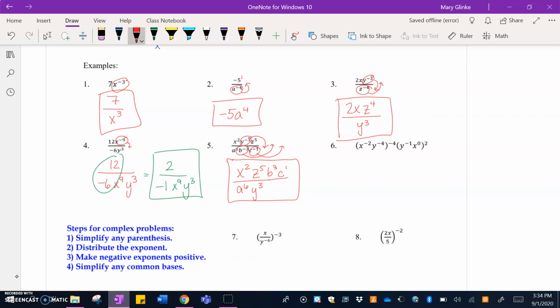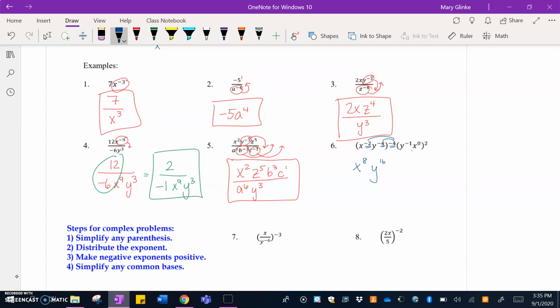So number 6 here is mixing together some of our rules. You're going to see some things kind of getting mixed together. So this is what we just did on the last one, where we're going to go ahead and multiply anything that's a power to a power. So negative 2 times negative 4 becomes a positive 8. For the y's, negative 4 times negative 4 becomes a positive 16.